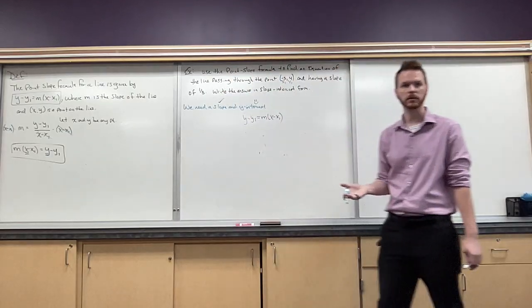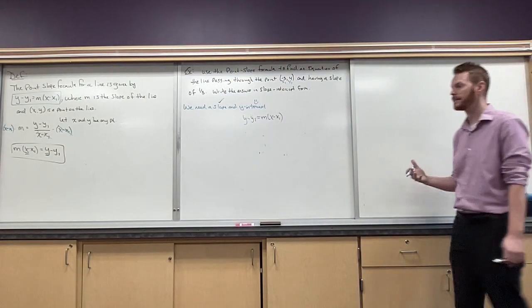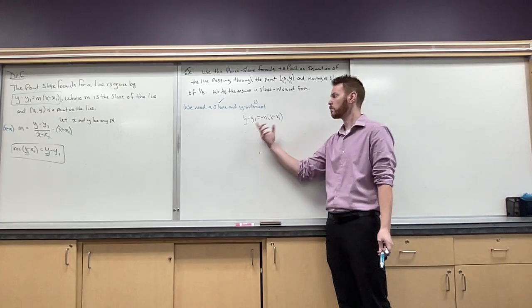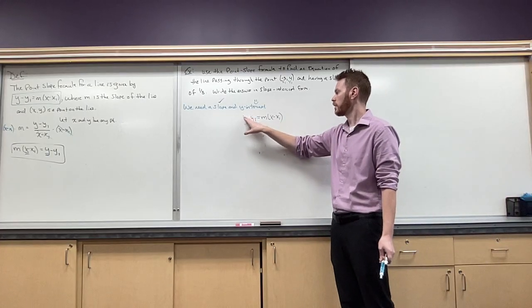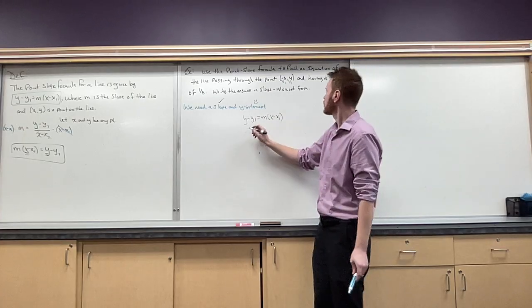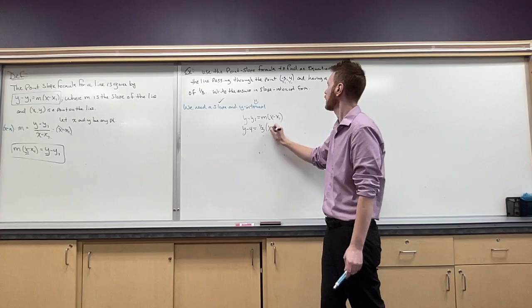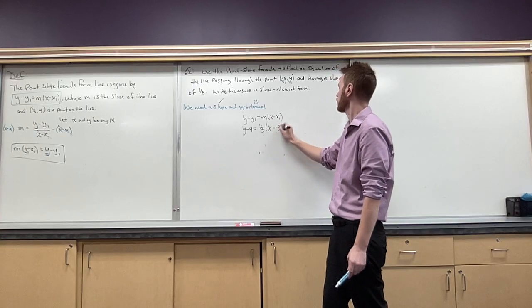That's reserved for any point that's on the line right there. So we don't need that. The x sub 1, y sub 1, that's a specific point that we want it to go through, which is provided for us. Okay, so we get y minus 4 equals 1/3 times x minus a negative 3.